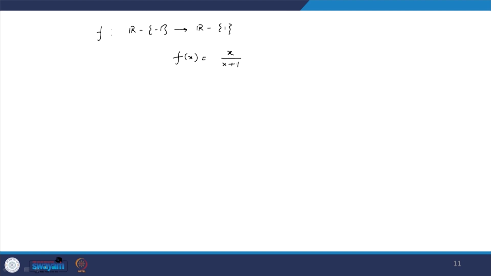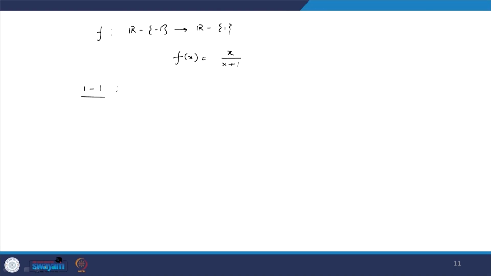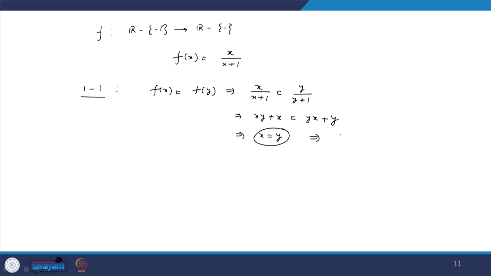Now, first of all we have to show that it is 1-1 and onto, then only we can talk about its inverse. For 1-1, you take f(x) equal to f(y), which implies x upon x plus 1 is equal to y upon y plus 1. This further implies xy plus x is equal to xy plus y, and implies x equal to y. So this means f is 1-1.